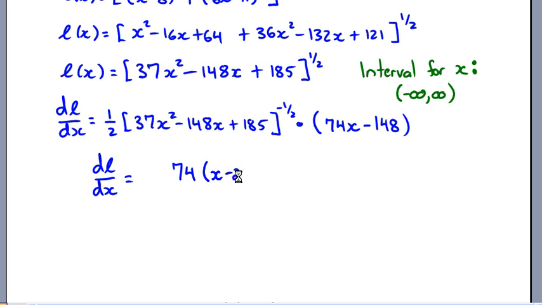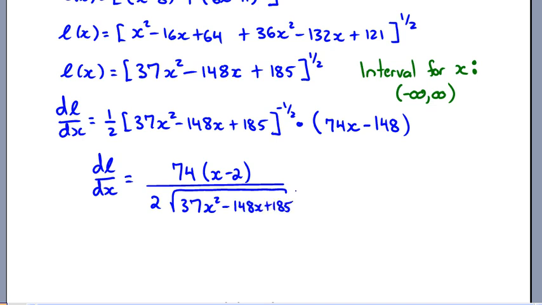That's x minus 2. Okay, so that's this binomial factored out, all sitting on top of this root down here. There's the 2, okay, and then we've got this root, 37x squared minus 148x plus 185.